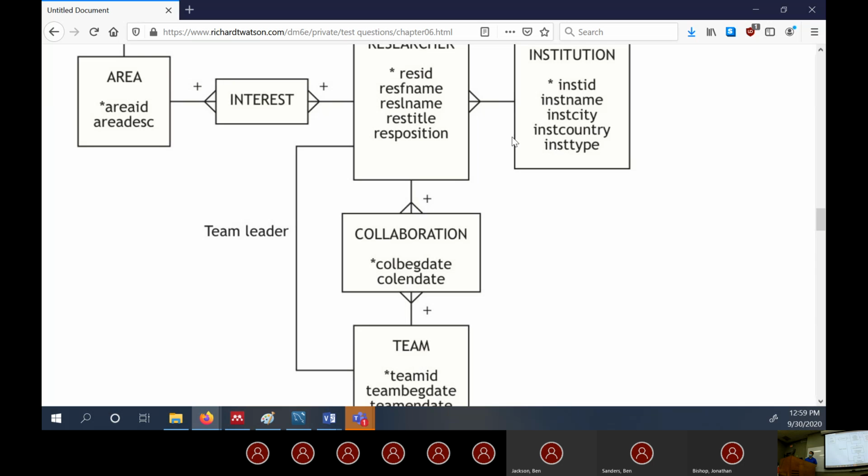So we're getting a researcher and the team, placing those into an associative entity to address the many-to-many relationship. But then we have a team lead serving as a one-to-many recursive relationship here, where a researcher is the team lead for one and only one team. And according to this, team lead has one and only one researcher serving as team lead.